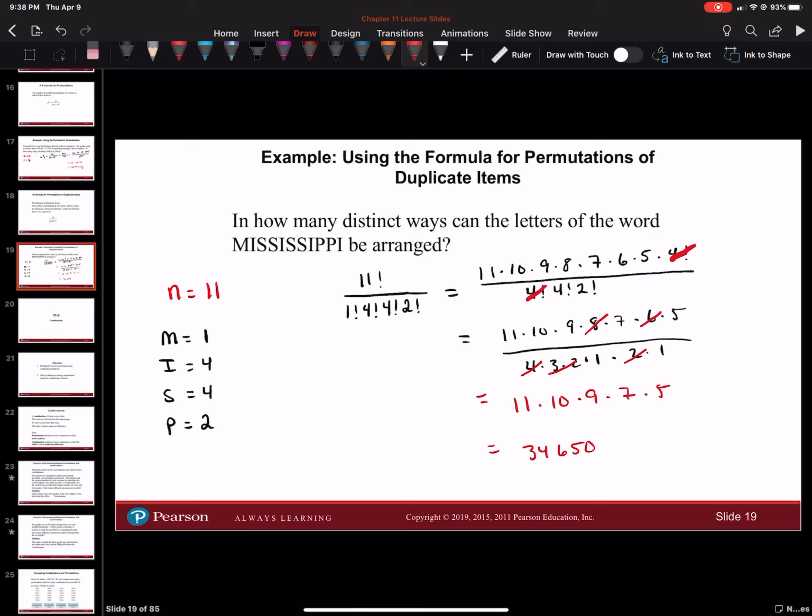Now, remember, you always want to check your answer to make sure that it is correct. So, now put in the calculator 11 times 10 times 9 times 7 times 5, and you get 34,650.